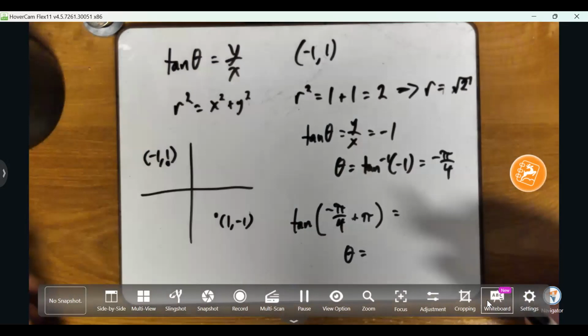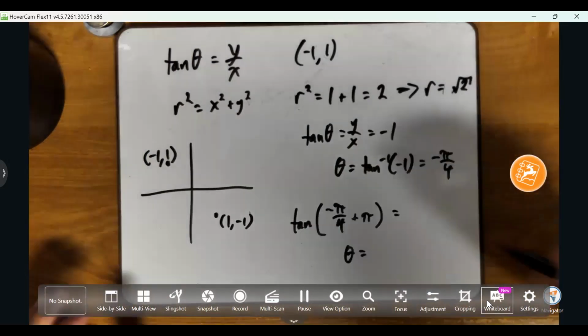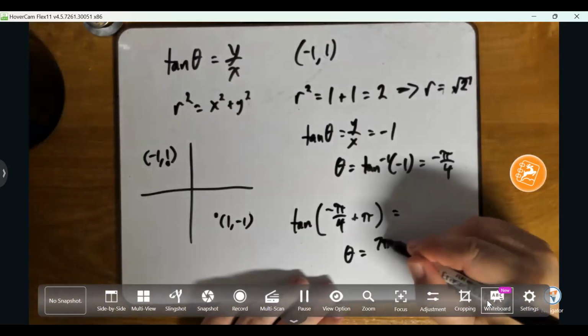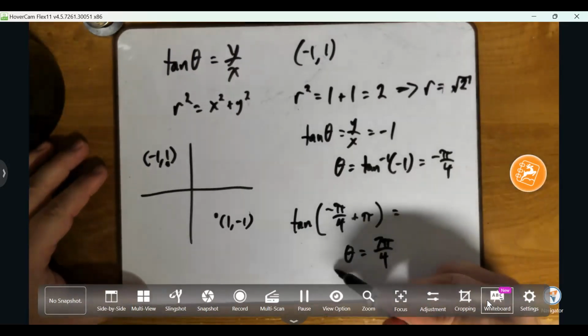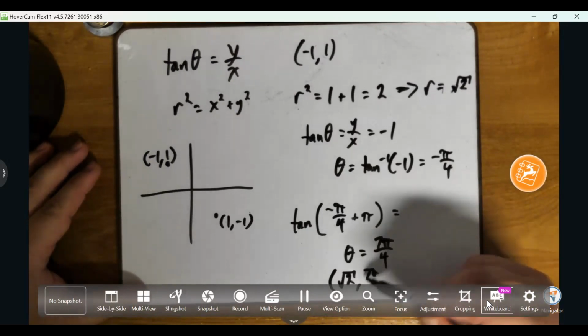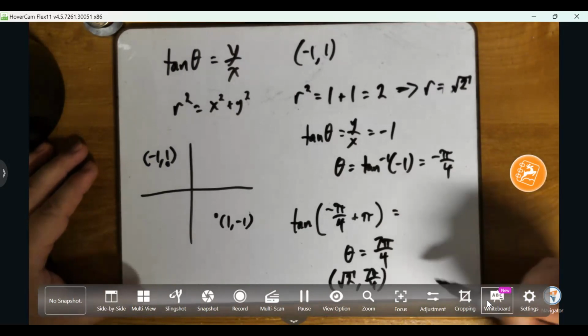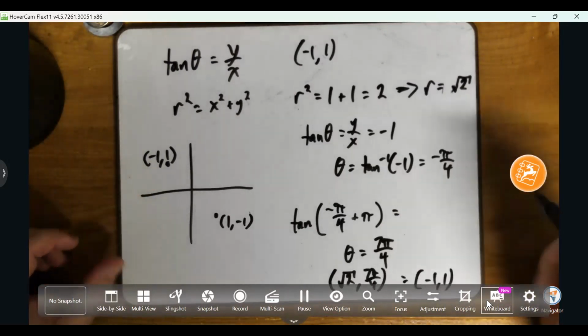So if we add pi to it, that will get me the correct value, which is going to be 7 pi over 4. And so the r, theta that we need in this case is square root of 2, 7 pi over 4 for the point minus 1, 1.